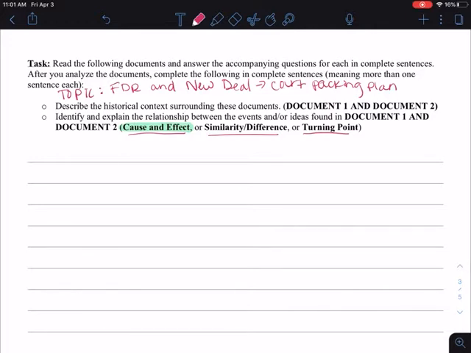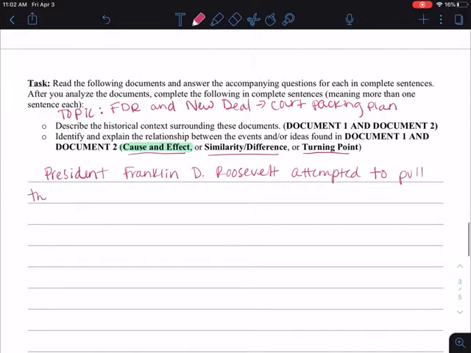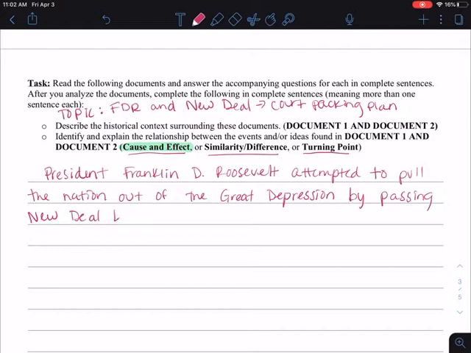So that's our topic. Now, let's generate a little sentence here. So, President Franklin D. Roosevelt attempted to pull the nation out of the Great Depression by passing New Deal legislation.